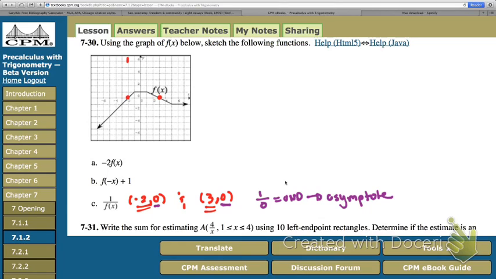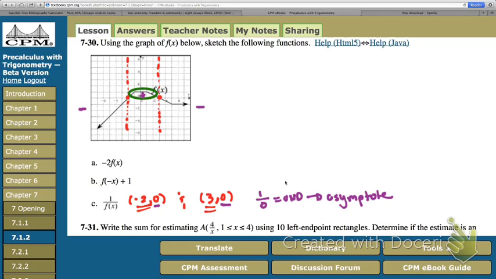So at -2 we have an asymptote, and at 3 we have an asymptote. The next part of this is finding out where it's positive and negative. Since these values are positive, and then these values are negative, you look for clues.